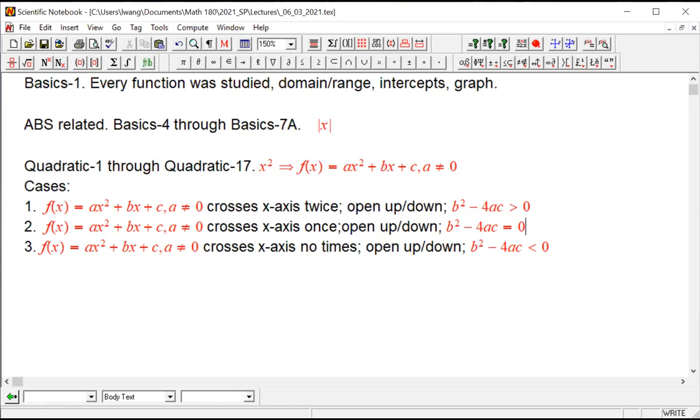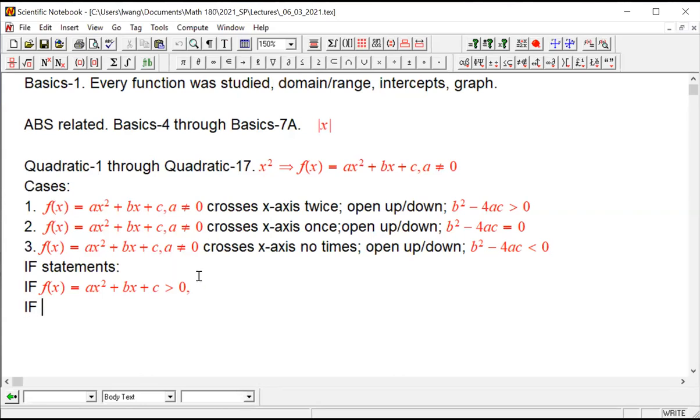So all the way up to quadratic 7. The next category in quadratic: there are all these if statements about quadratic. What are the if statements? If larger than 0, blah, blah, blah.